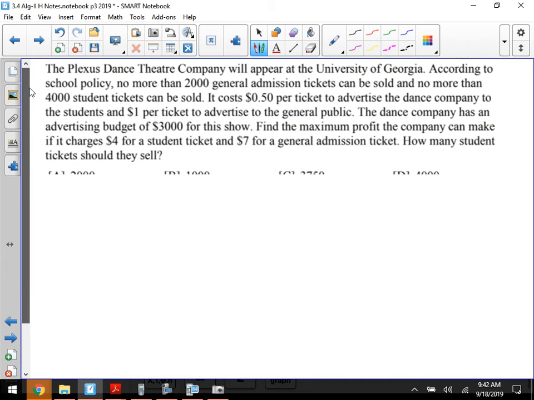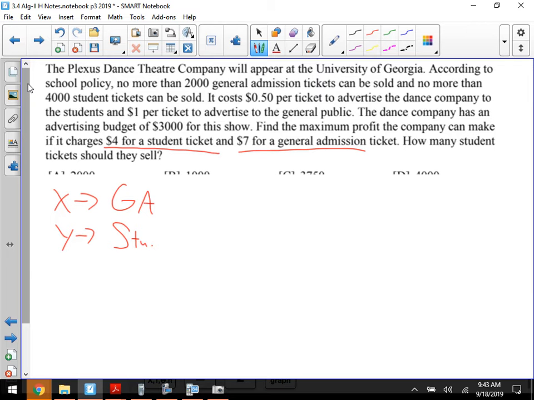So first things first, identify our X and Y. I think the general admission ticket came first. We'll call that X. And then students Y. The only reason I'm doing it that way is because that's what came first as you read the question. Your objective: $4 for students, $7 for general admission. And this is where you have to be careful.